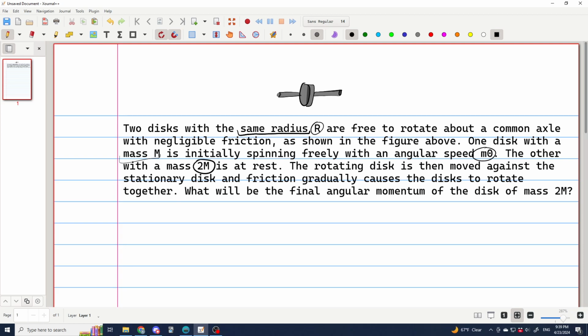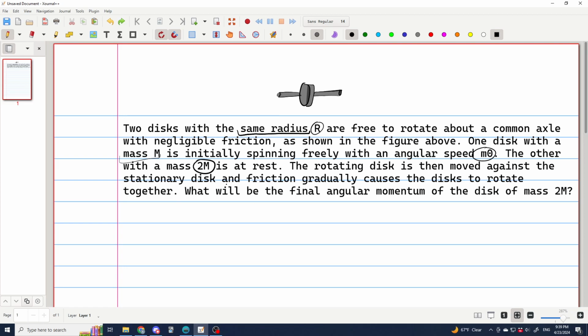The rotating disk is then moved against the stationary disk, and friction gradually causes the disks to rotate together. So we have this larger disk, and originally it's not spinning, but then we start to push it this way until they connect. And now it's one giant disk.